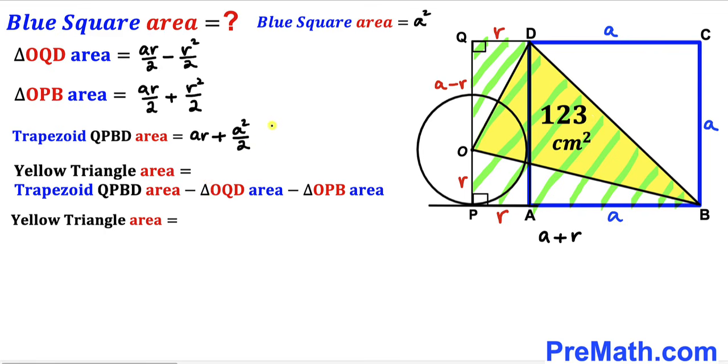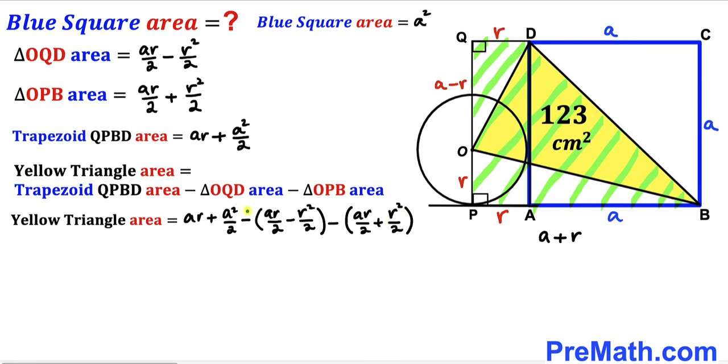So our trapezoid area is AR plus a square divided by 2 minus the area of this triangle OQD is AR divided by 2 minus r square divided by 2 and minus the area of the other triangle OPB is AR divided by 2 plus r square divided by 2 as well.